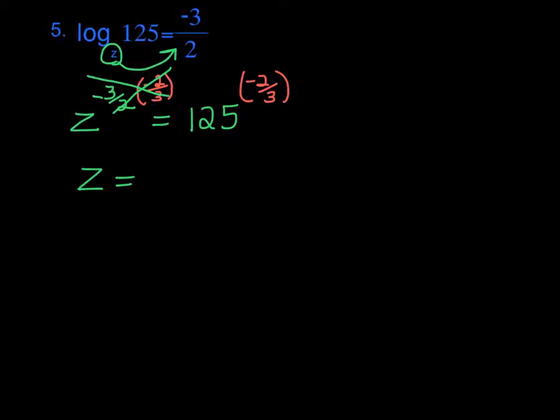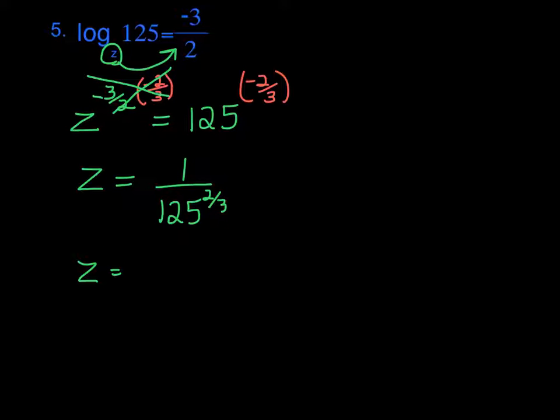Okay, so I'm going to do 125 to the -2/3 power. Now remember, when you have a negative exponent, to make it positive, we're going to, in this case, make that 125 come down to the denominator, and now what that does is it makes that exponent a positive. Okay? All right, we're going to keep going here.